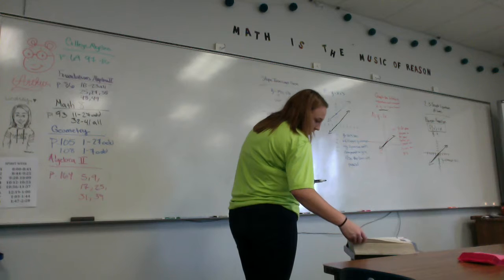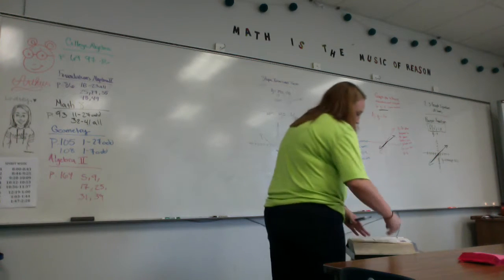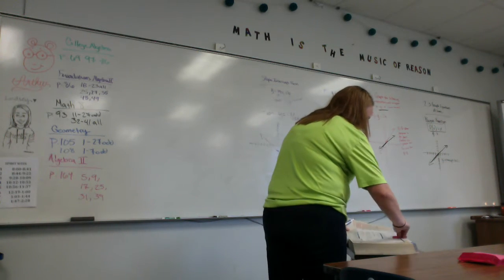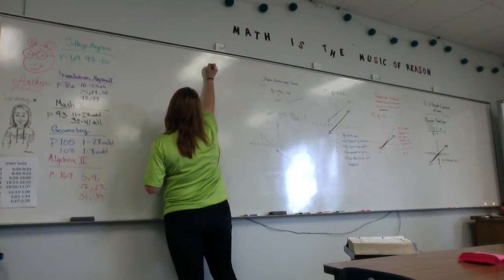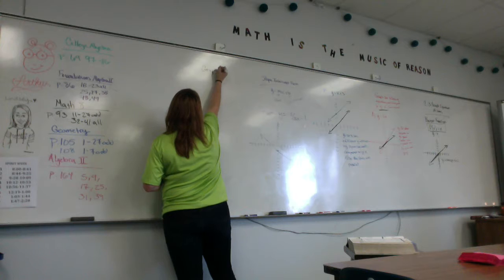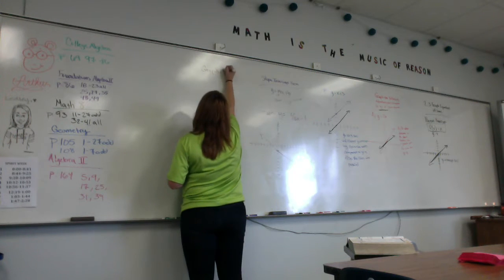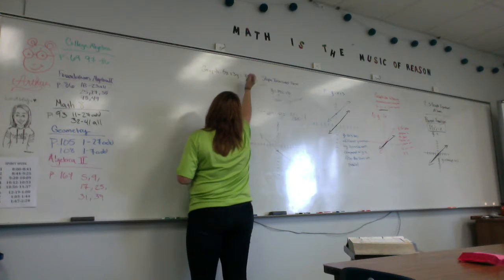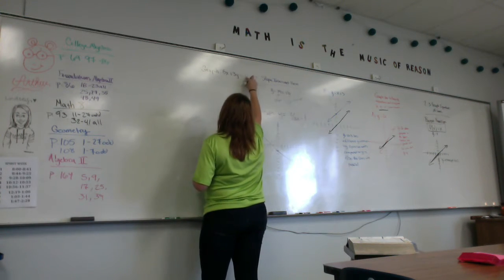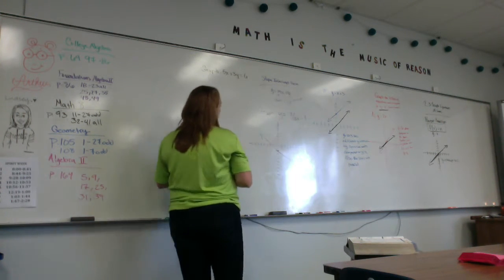What happens if I want you to graph something that is in this form? What happens if I say graph 5x plus 3y equals 7? No, equals 6. What are you going to do?